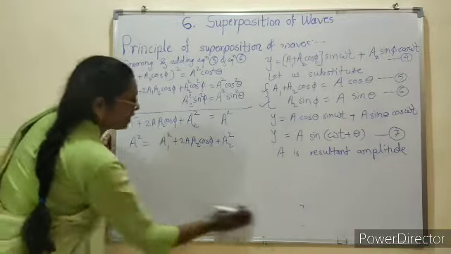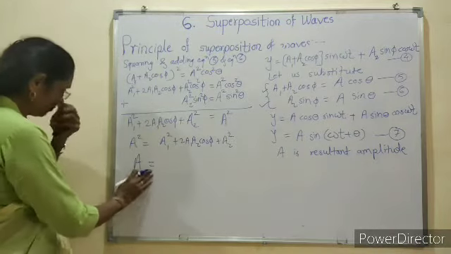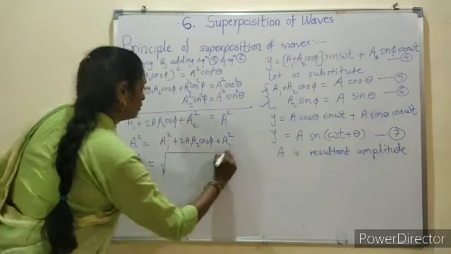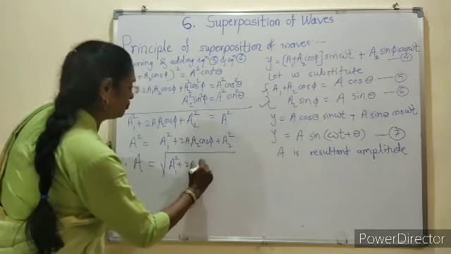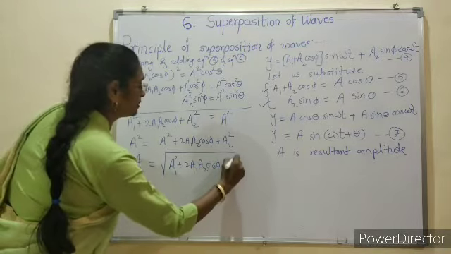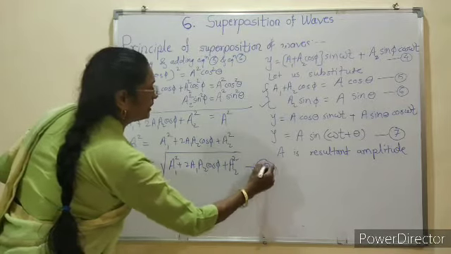Taking the square root on both sides, A is equal to the square root of A1 square plus twice A1 A2 cos phi plus A2 square. This is equation number 8.